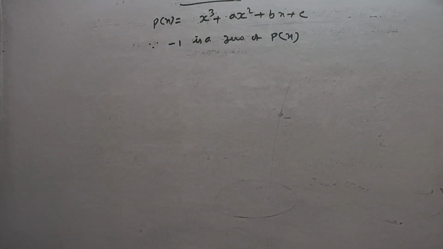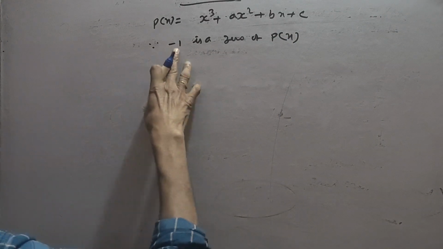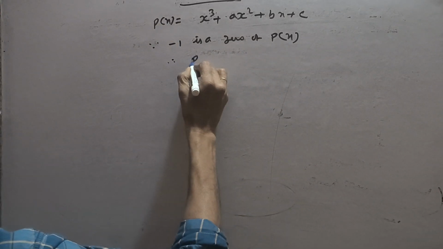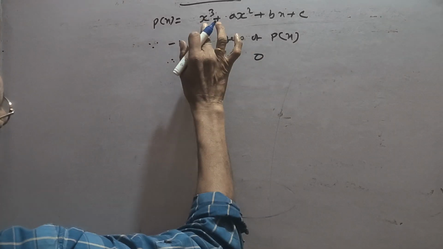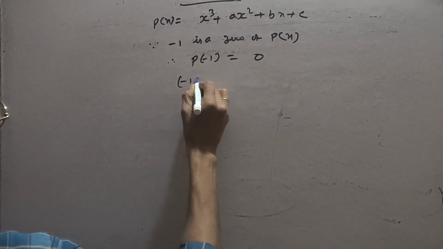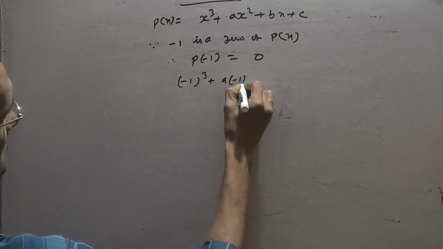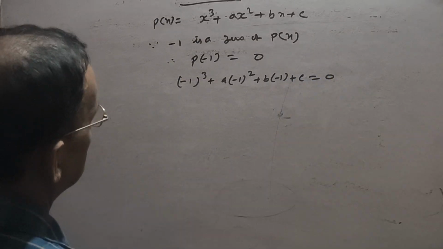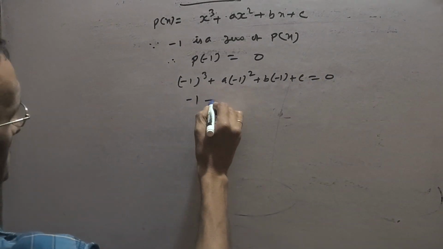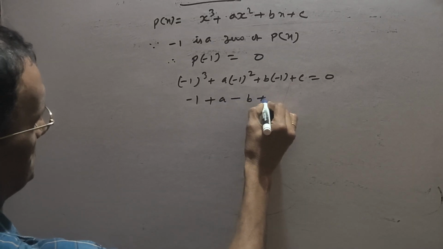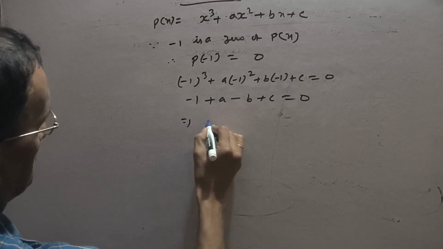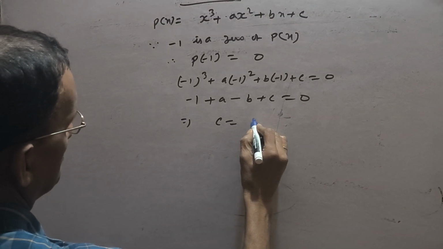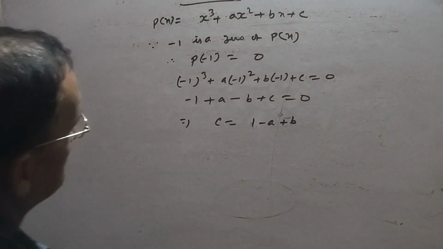On what condition will minus 1 be a zero of p of x? If p of minus 1 equals 0. Replace x by minus 1: minus 1 cube plus a into minus 1 square plus b into minus 1 plus c equals 0. This is minus 1 plus a minus b plus c equals 0. So c equals 1 minus a plus b.